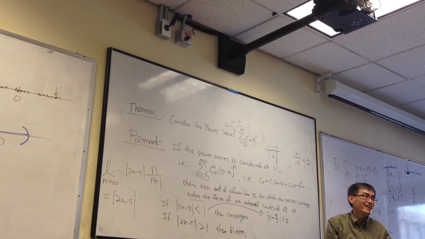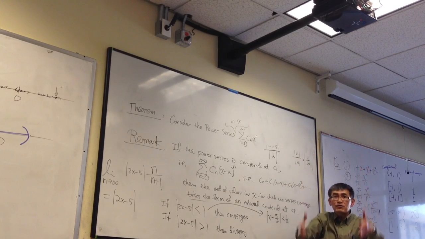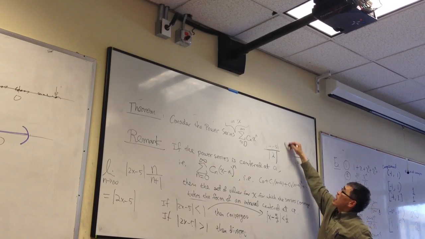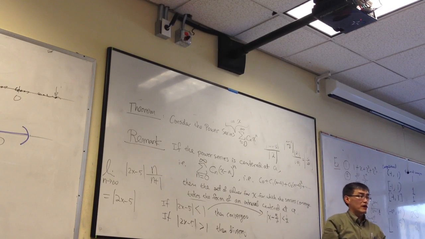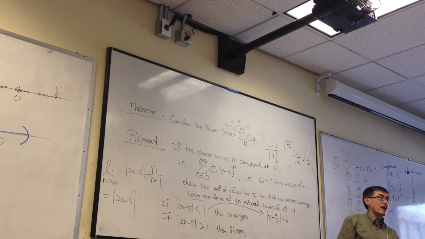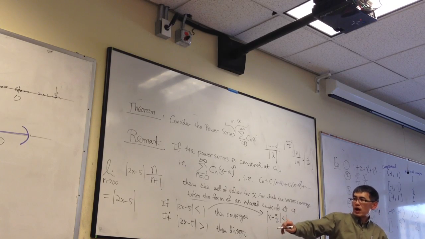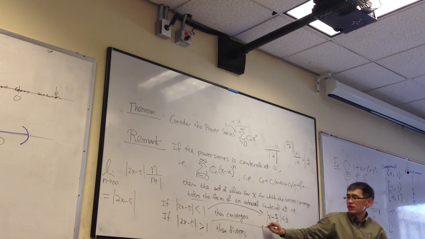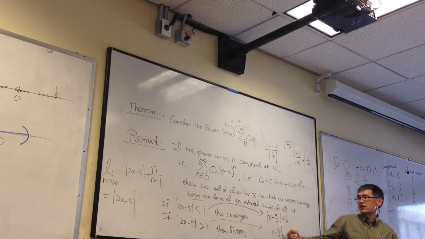Is that right? Okay? And then 2x minus 5 divided by 2 is x minus 5 halves. So we get this.